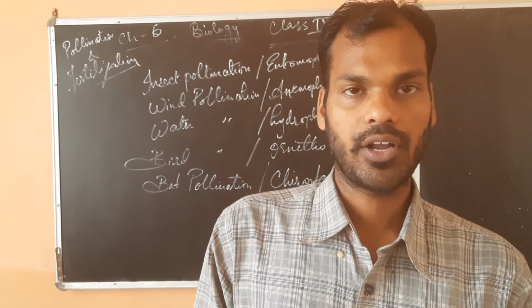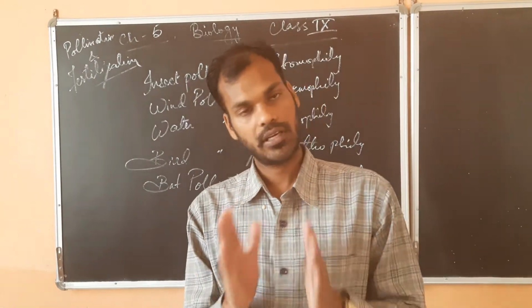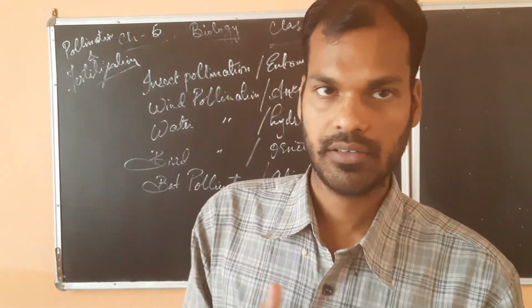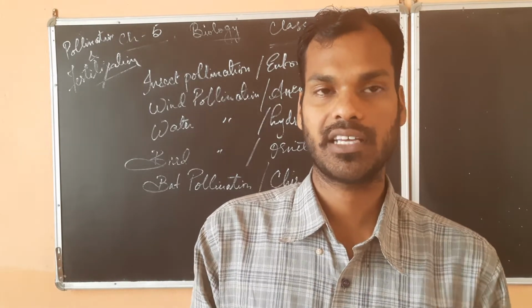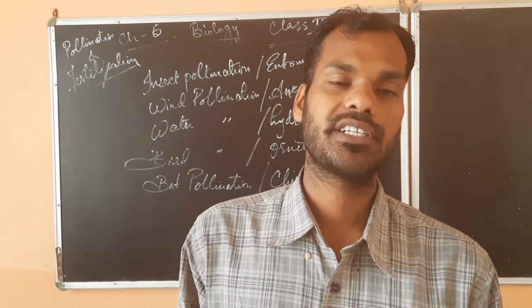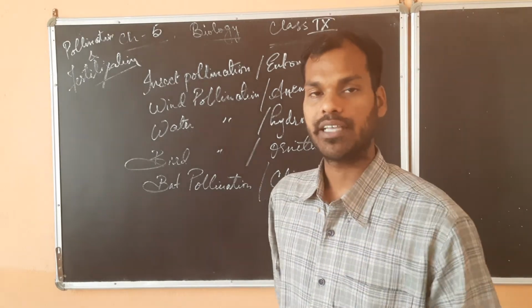Now coming on to fertilization. Once the pollen grains come onto the stigma and go inside the ovary, there is zygote formation.